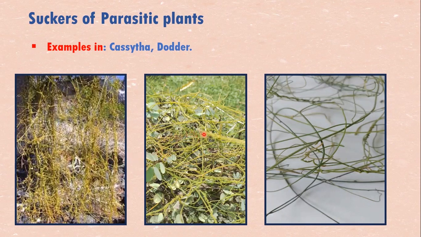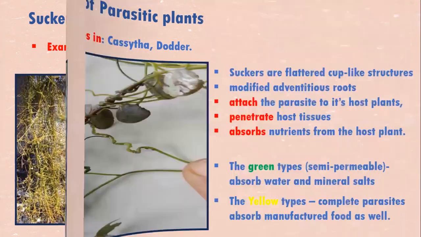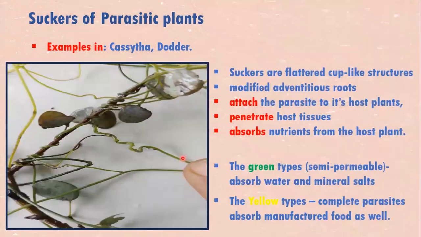This one is a green one, so it's a semi-parasite. It will absorb water and mineral salts from the host plant on which it grows. Looking at the sucker, that's the part it uses to attach to the host.